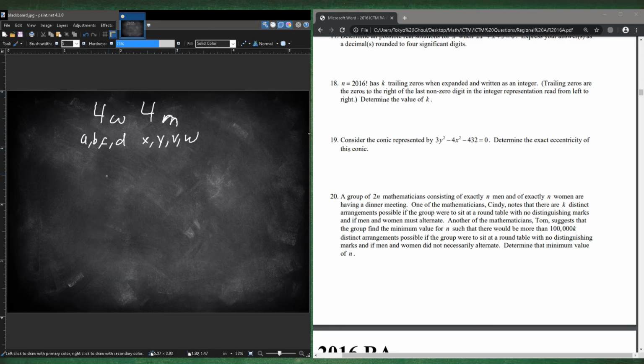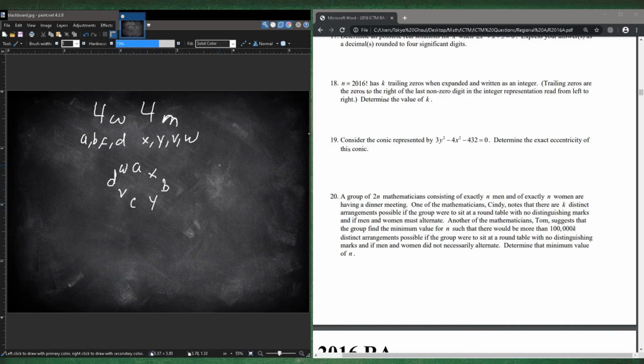The point is, if we want to put them in order, it has to be A, X, B, Y, and then C, V, and then D, W. You have to alternate between men and women, going around a circle.